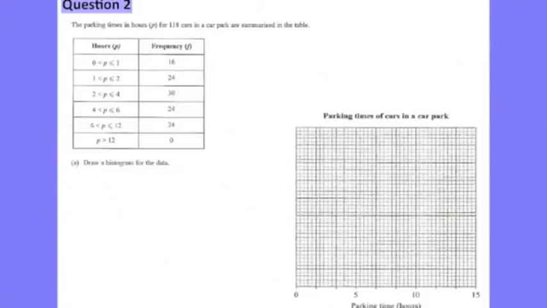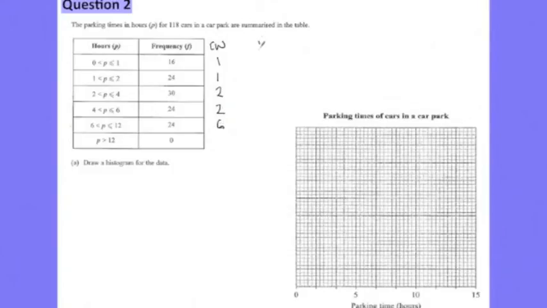Question number 2. The parking times in hours for 118 cars in a car park are summarised in the table. Draw a histogram for the data. First, we must identify the class width. 1, 1, 2, 2, and 6.